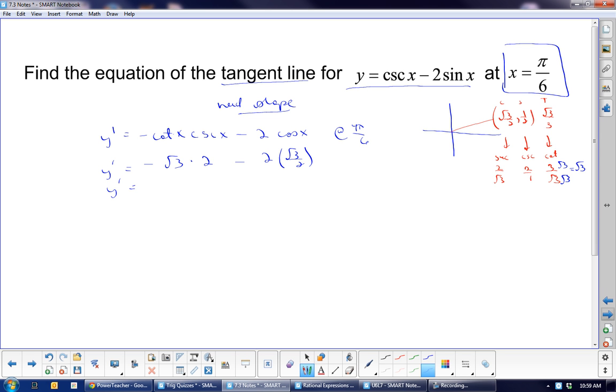So y prime equals, this is negative 2 root 3 minus root 3, which equals negative 3 root 3. So this is my slope at pi over 6.